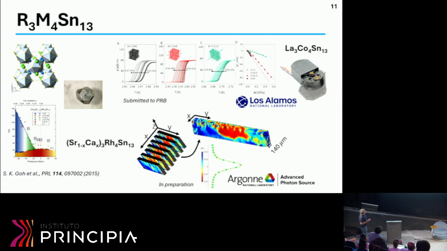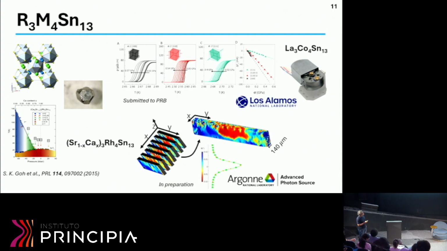We've been looking at some materials over the years, and we looked at this 3D material, the 3413 family, with rare earth, transition metal, and tin. Recently we looked at this lanthanum cobalt tin compound, and we mapped the superconducting state under uniaxial pressure.